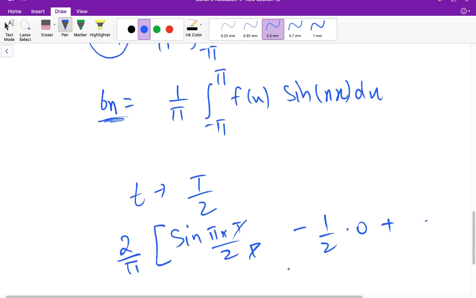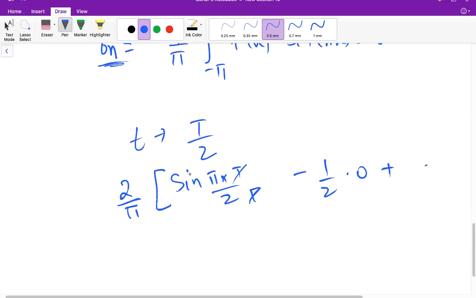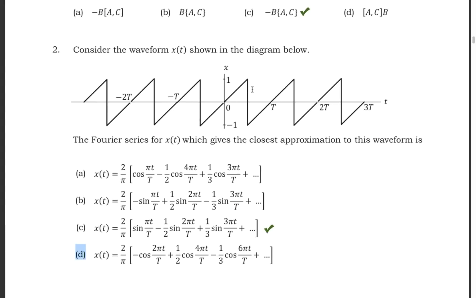So basically we get a positive term here. The dominant contribution at t by 2 should be positive, while for this one the dominant contribution is negative. So obviously option B is not the right option, and A and D are not the right options because they are completely made up of cosine, which is an even function. So the right option is C.